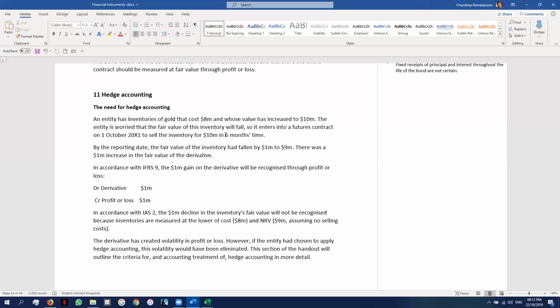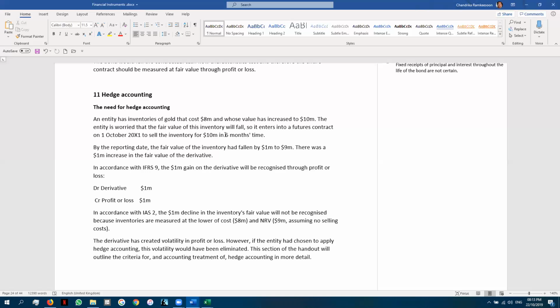By the reporting date, the fair value of the inventory had fallen by $1 million to $9 million. There was a $1 million increase in the fair value of the derivative. Right, now take a look at this example here. The actual price of gold had fallen by $1 million, the stock then went to 9 million.